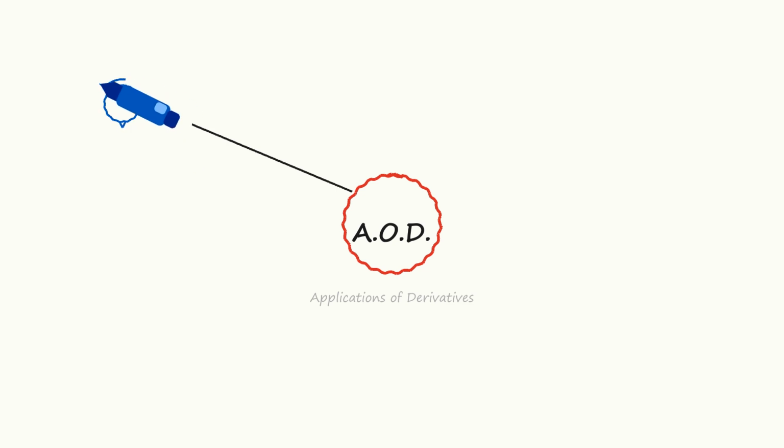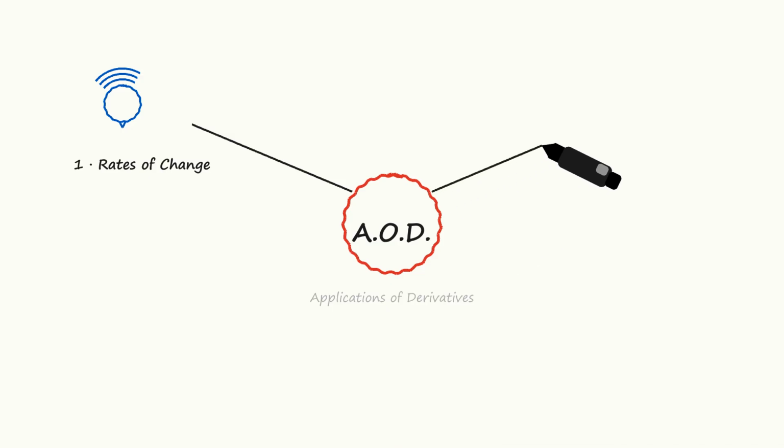The derivative itself is just a tool. The marks live in what you do with it. 4 families. 1. Rates of change. A balloon inflating, a ladder slipping down a wall, a shadow lengthening at dusk. Anything that moves, changes, or grows. 2. Tangents and normals.